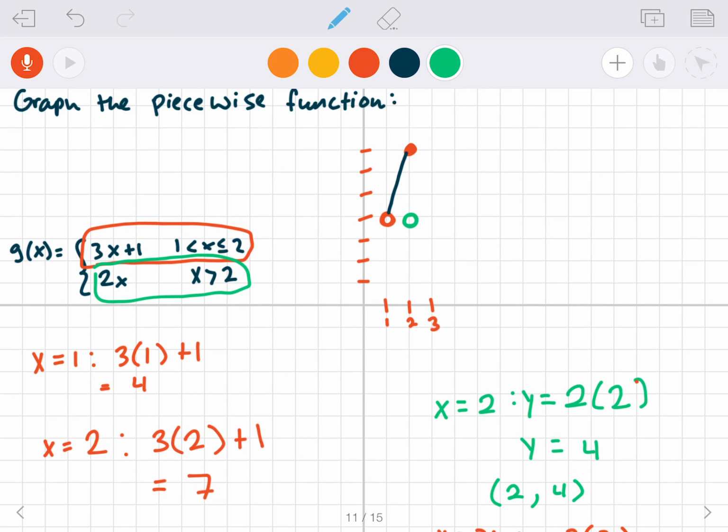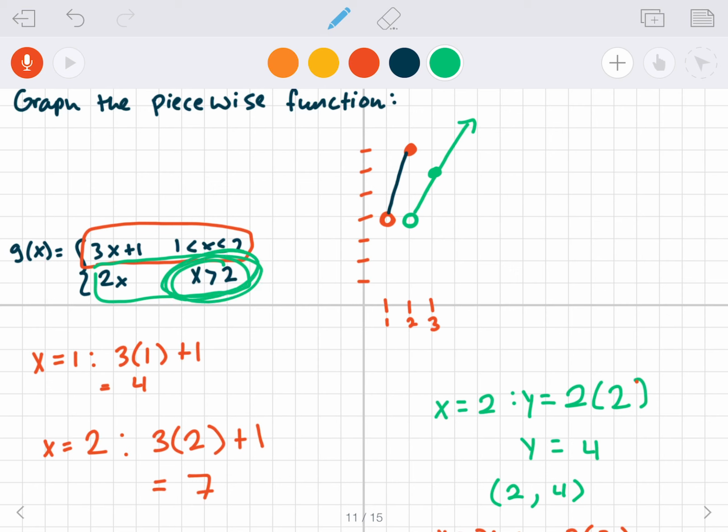And so that is going to be 1, 2, 3, 4, 5, 6. So it's going to be like this. And then it's going to go through this point, and it's just going to keep going, right? But it's not going to continue on to the left, because this line is only valid when x is greater than 2.